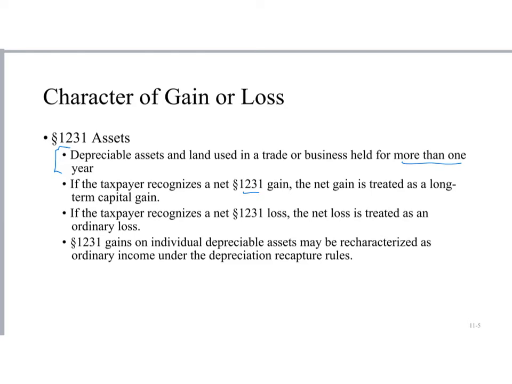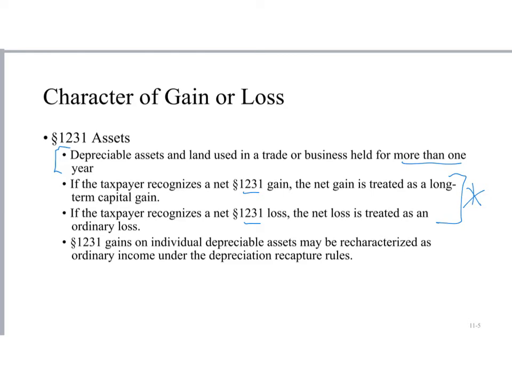If there's a 1231 loss, then that loss is treated as ordinary. From a tax perspective, these two pieces are very beneficial to the taxpayer because your gains are taxed at preferential rates, but your losses are ordinary.